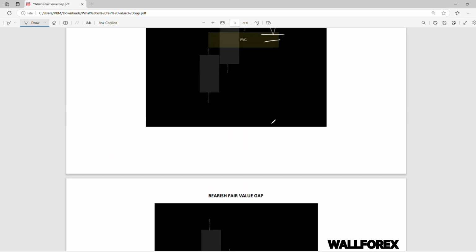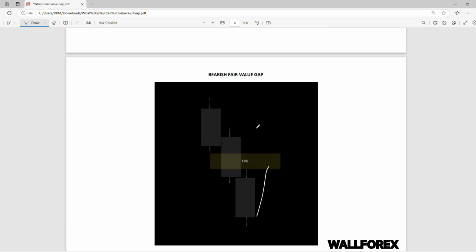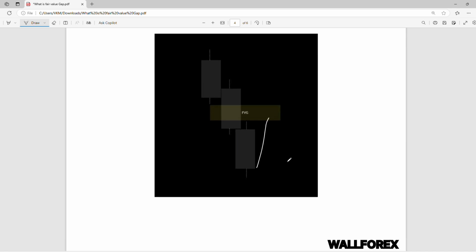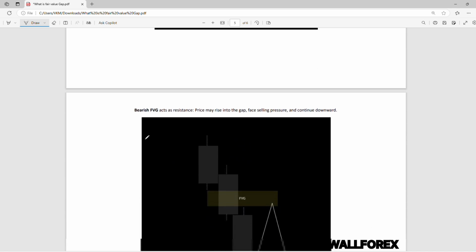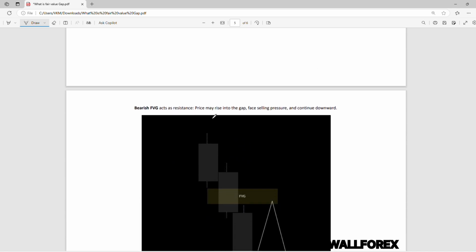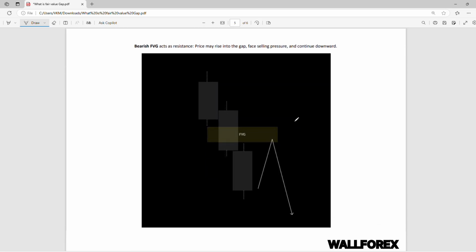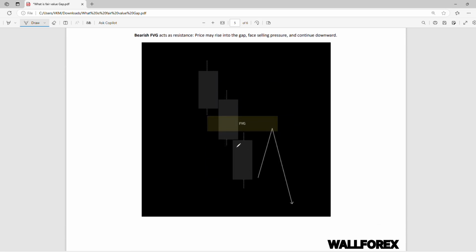In bearish, it acts as a resistance. Price may rise into the gap, face selling pressure, and continue downward. When price was making a downward movement and suddenly makes a high-momentum move and taps into this imbalance, and after tapping into it gets rejected and moves downwards, this imbalance is called a fair value gap.